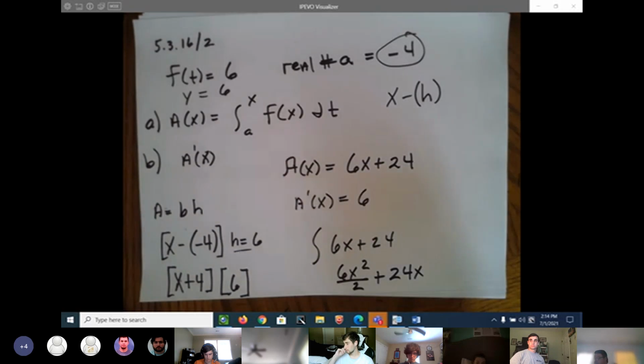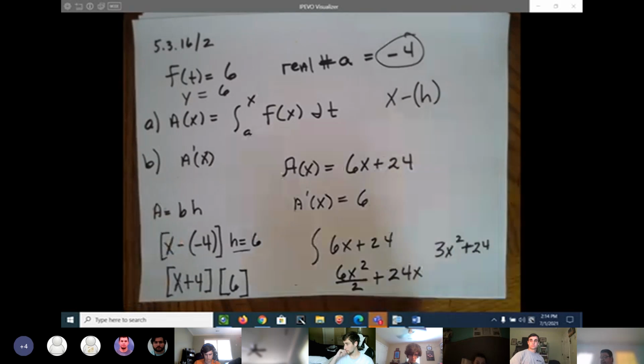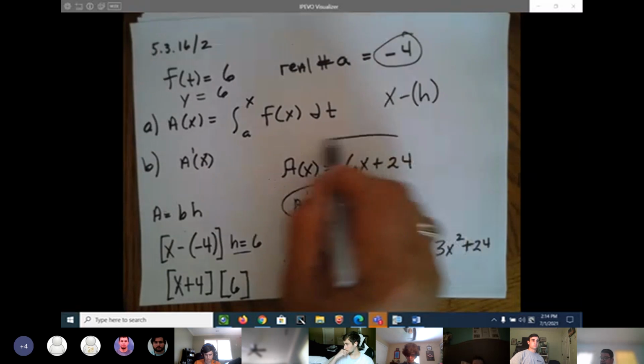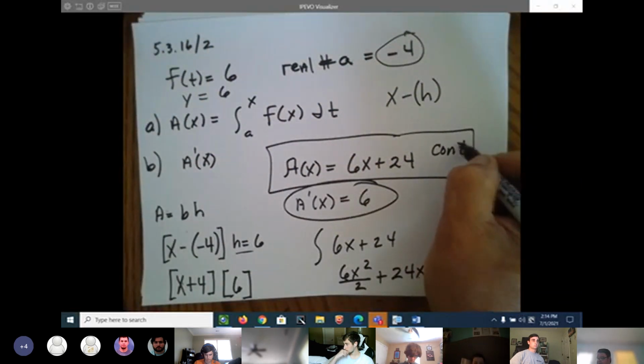That will be 3x squared plus 24x. And that's the antiderivative. The only thing I care about is these two things. And it's differentiable because we just took the derivative. It is continuous because it's a straight line.